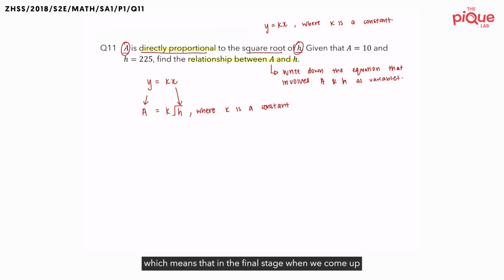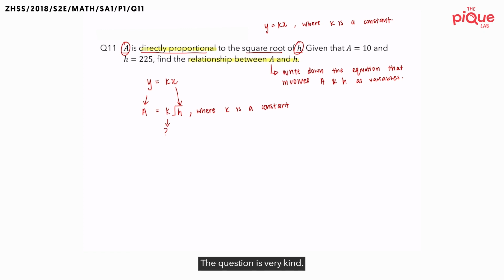Which means that in the final stage, when we come up with our equation, we only want to see A and H as the variables, and any other coefficients should be in numbers. Okay, so if you look at our equation, we have A is equals to k square root of H. K is not what we want in our equation, right? Because we only want A and H to be our variables. So this means that we need to look for what exactly is k.